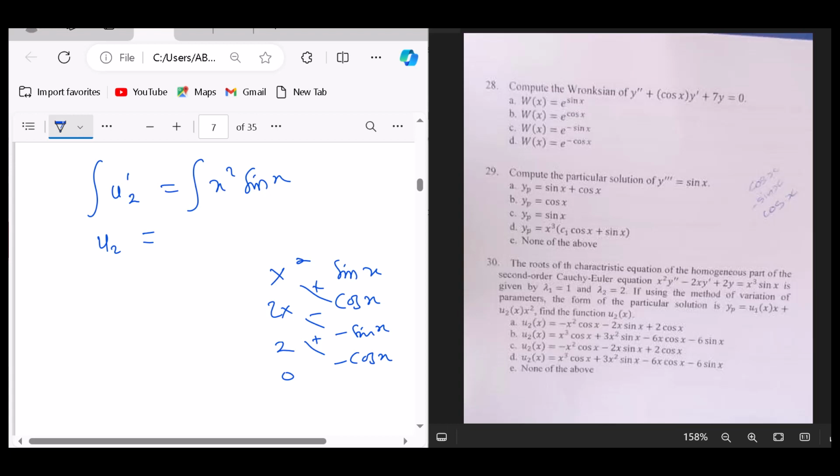So this becomes negative x squared cos x plus 2x sin x plus 2 cos x.